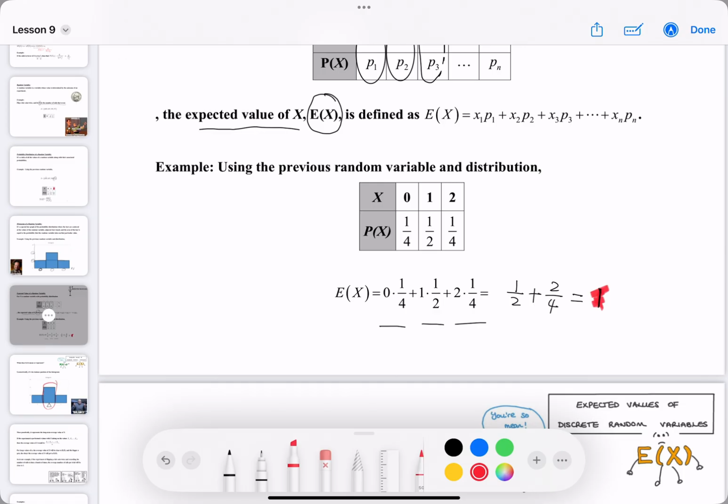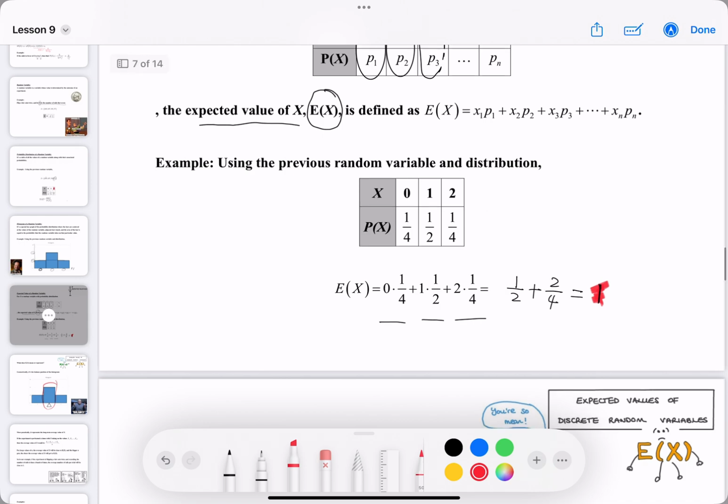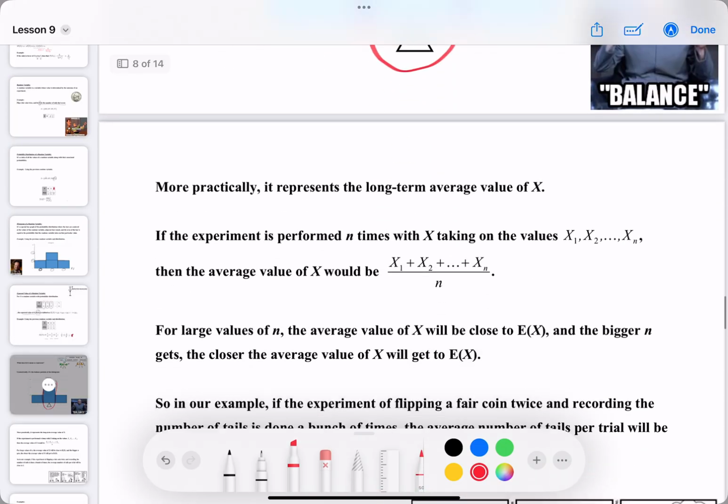So in the long run, each time I flip a coin twice, the average would be 1. Not each flip, but each time I did this experiment, because I flipped twice.